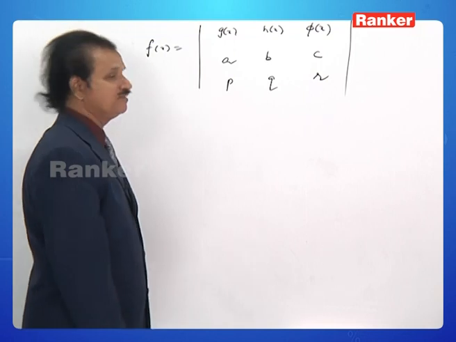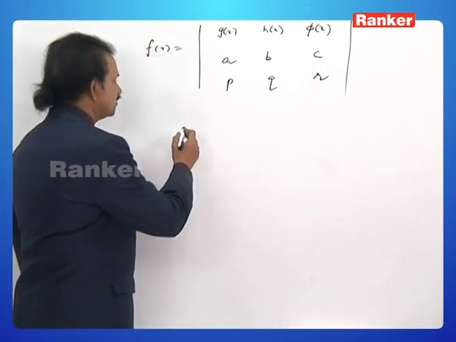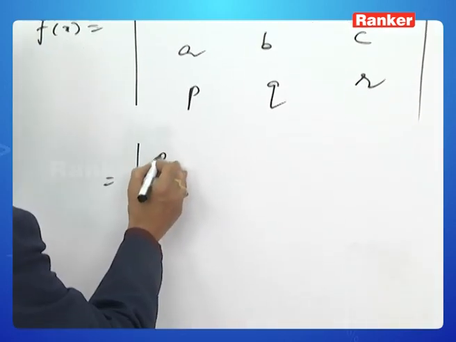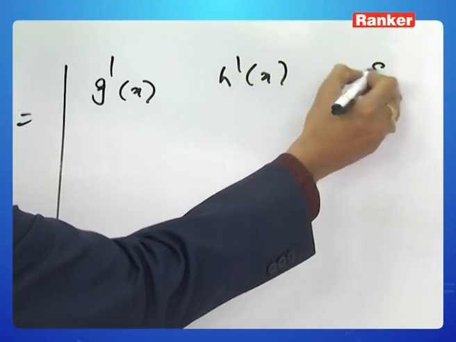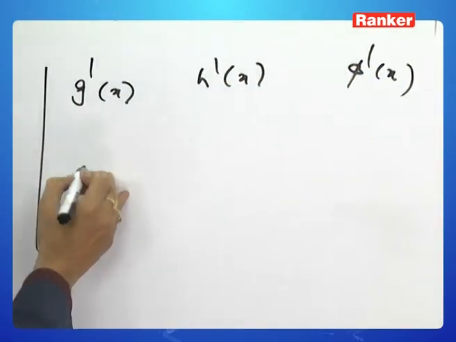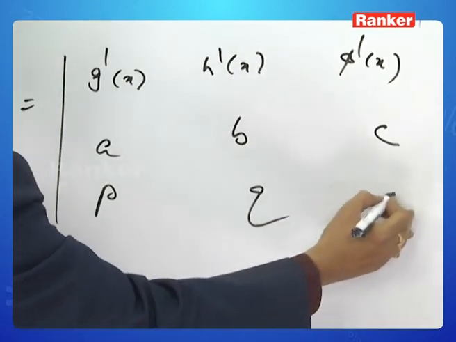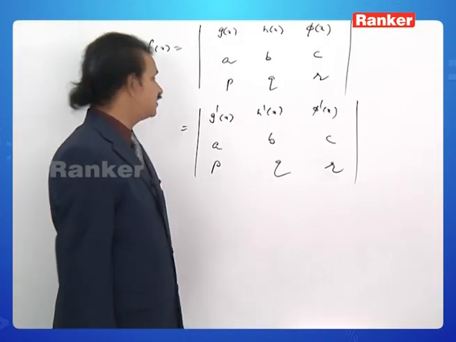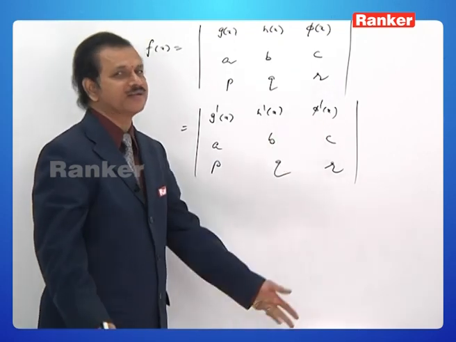Even if you apply the process of differentiating the determinant, the first determinant will be g dash x, h dash x, phi dash x. Isn't it? That's all. No question of having a second determinant and third determinant.